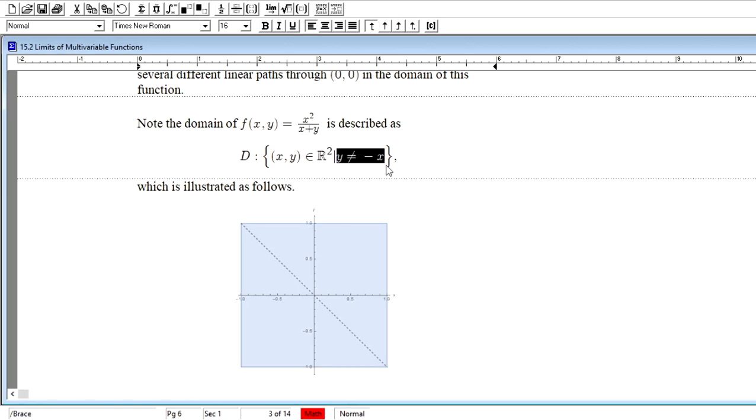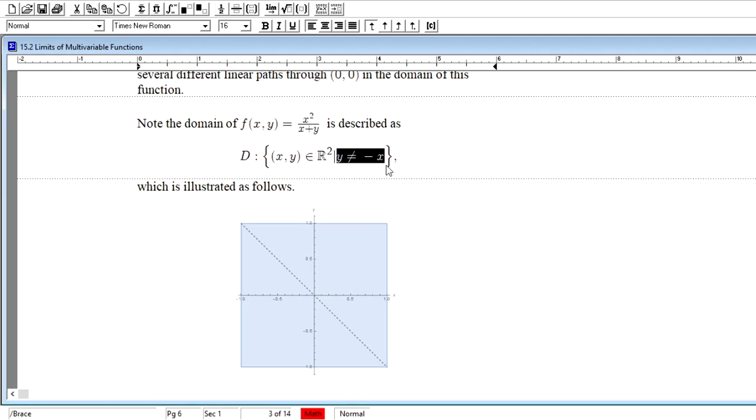Solving where x plus y equals 0 will get you where y equals negative x. So where x plus y does not equal 0 will be where y does not equal negative x in value. You can also set up that inequality, x plus y does not equal 0, and solve that for y, and you will find that y does not equal the opposite of x.